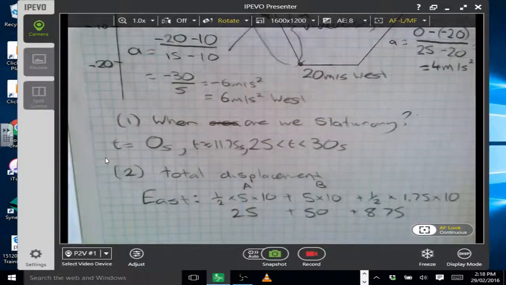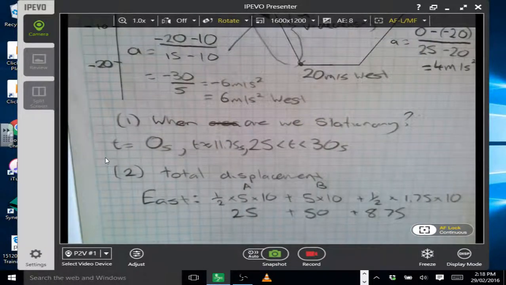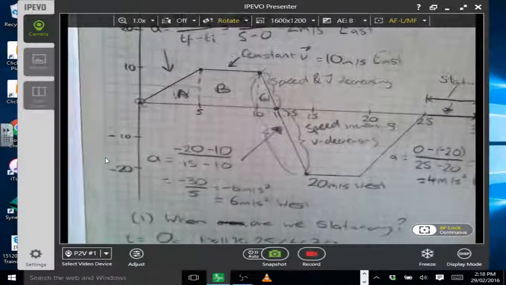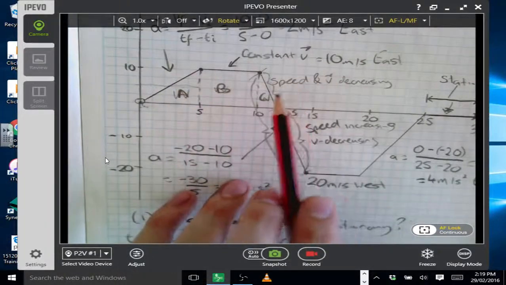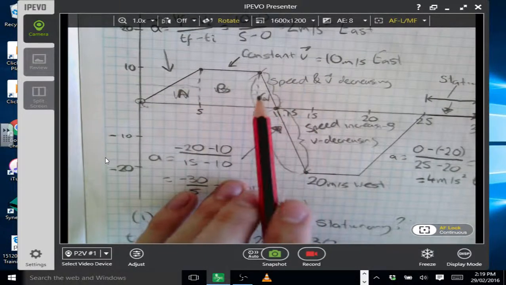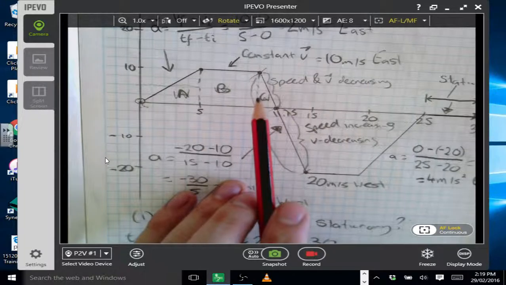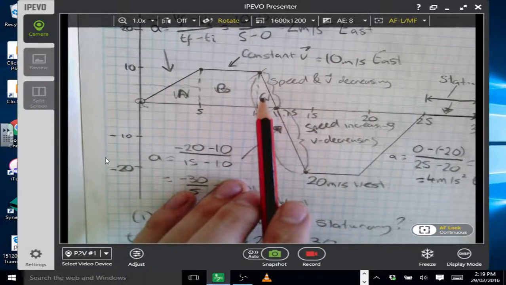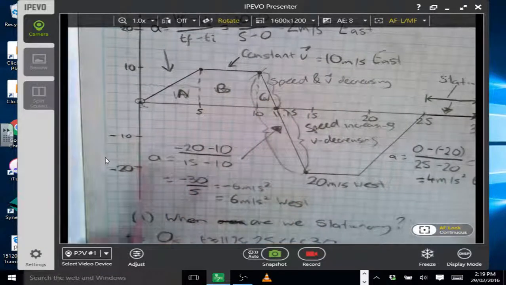8.75. All right, so did everyone see what I've done there? I've gone and I've worked out the areas of A, B, and C. That represents the motion in the east direction. Now it's important that you separate this. When doing displacement, you separate the east and the west, or whatever context you're doing.